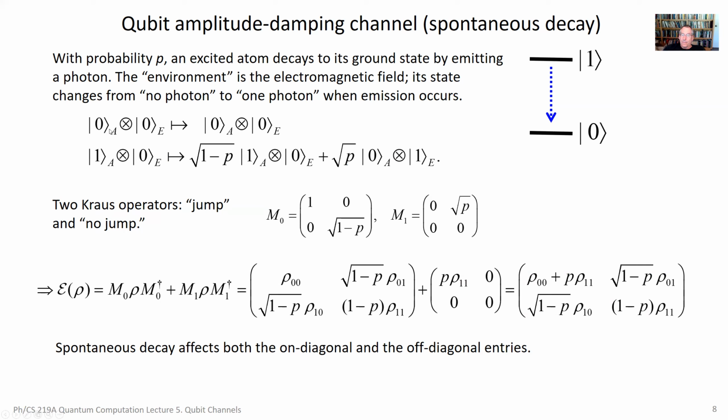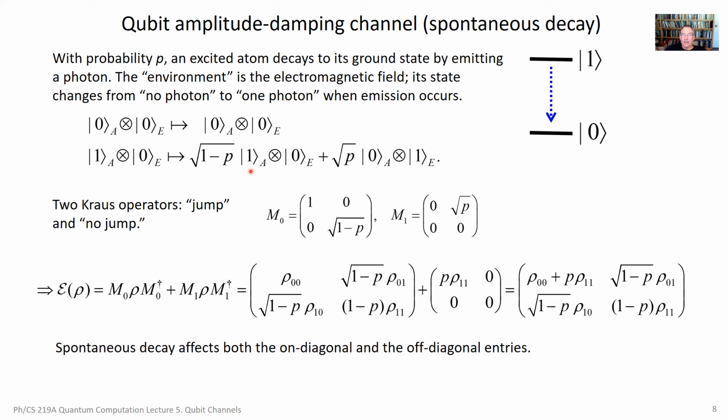If the atom is in the state zero, the ground state, nothing's ever going to happen. So it stays in the ground state, and the electromagnetic field stays in the vacuum, the no photon state. But if we start out with no photon in the electromagnetic field and the atom in the excited state, then there is some amplitude for nothing to happen.